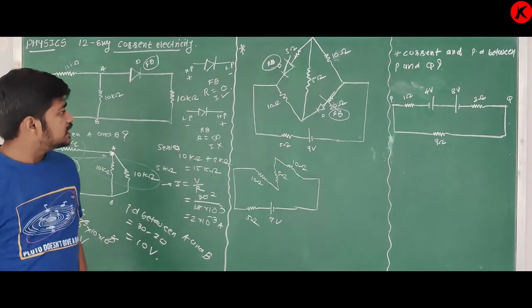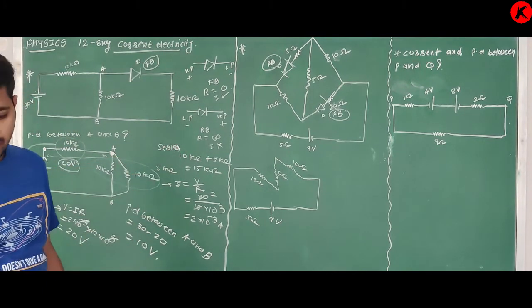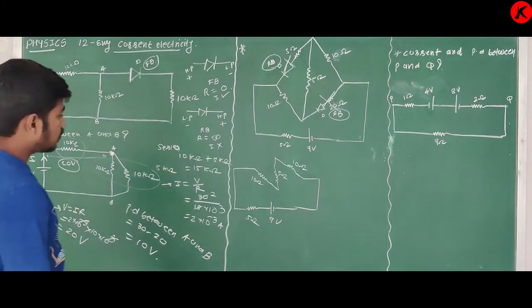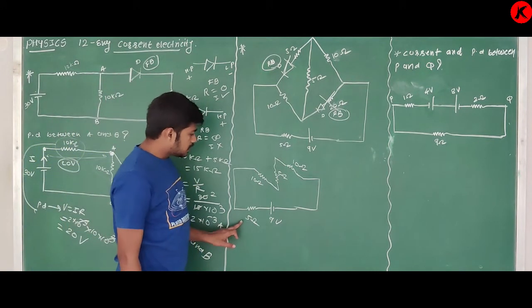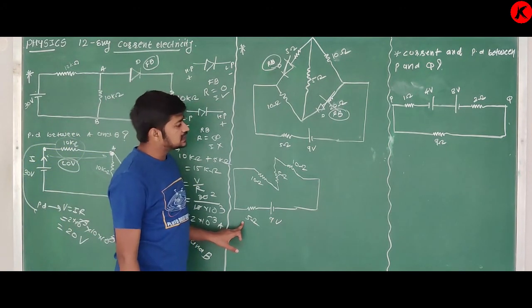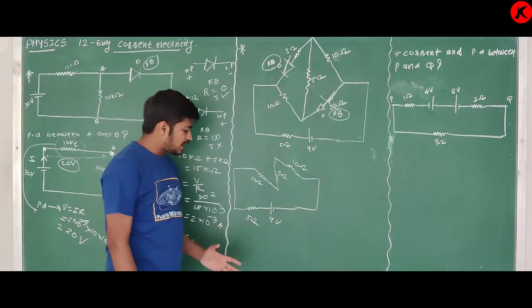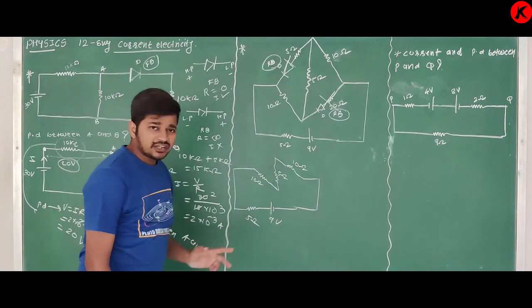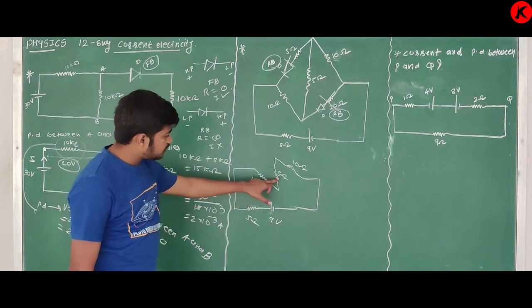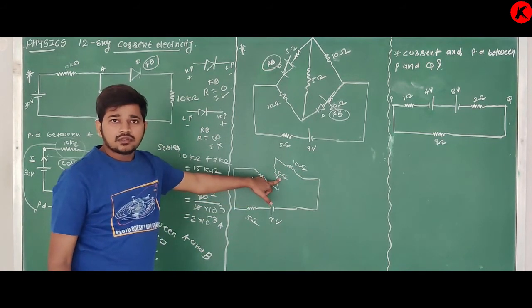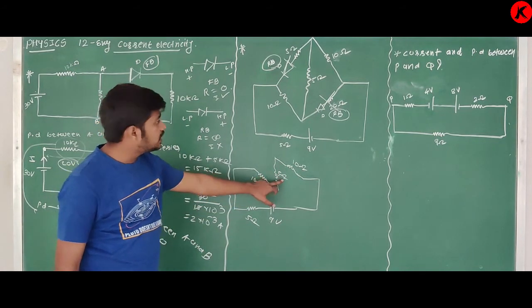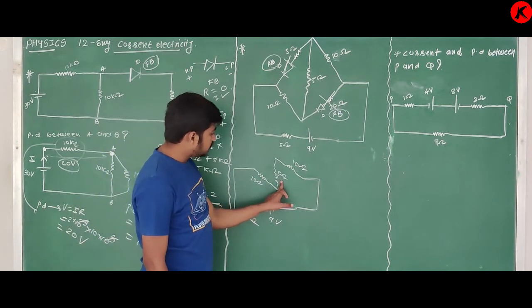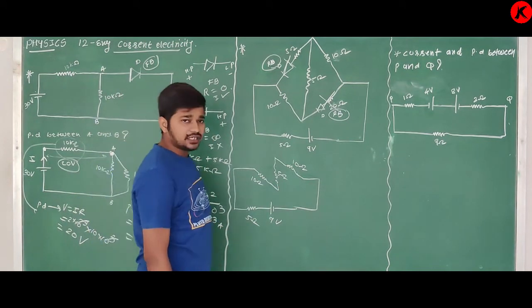Okay, so here is your question: what is the current flowing from this battery? So total resistance, there is a series connection: 5 plus 10, 15, plus 5, 20, plus 10, it is 30.